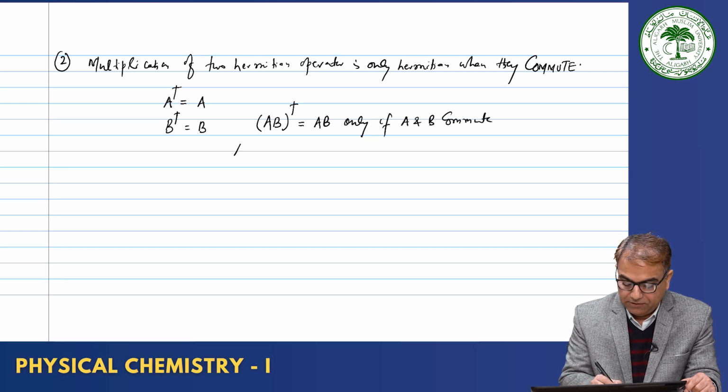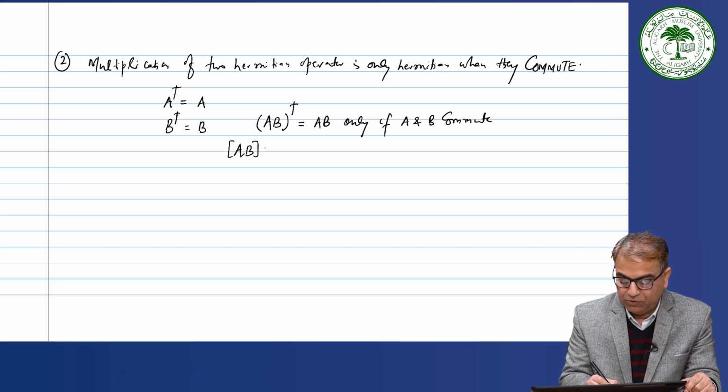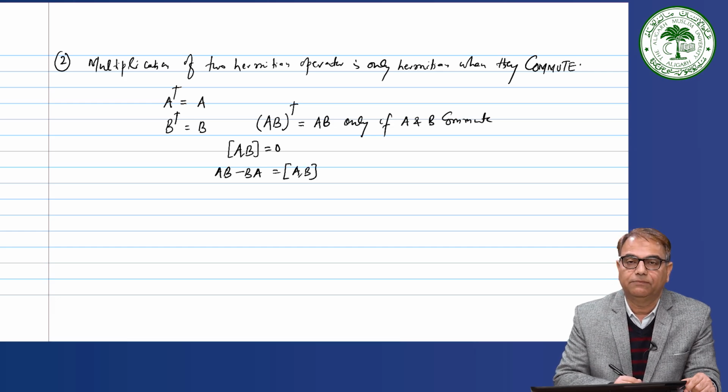What does it mean? The commutator of A and B is equal to 0. If you remember, I talked about yesterday that AB minus BA is the commutator, which we give a symbol like this.